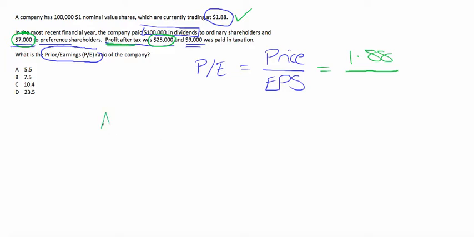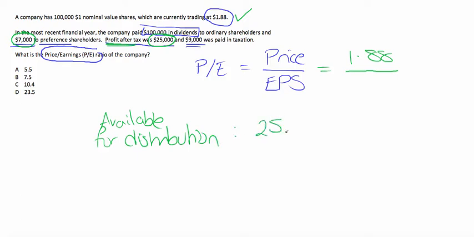So the amount that's available for distribution, irrespective of whether it actually was distributed, so we can ignore the actual dividends paid, was the $25,000 profit after tax minus the $7,000 preference dividend, which is therefore $18,000.